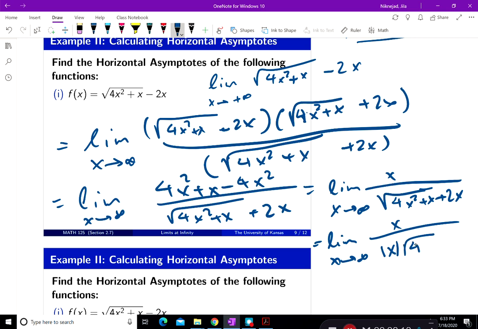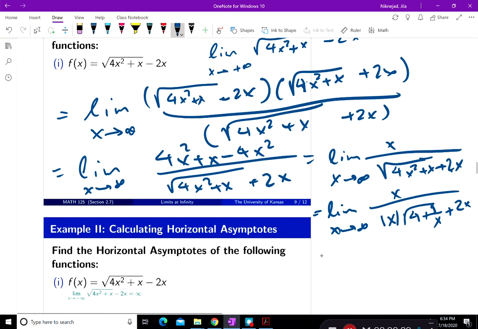And you get 4, I'm skipping one step, and 1 over x. And this one becomes, again, 2x. So I skipped one step, I just factored and brought out. But over here, do you see that here is absolute value of x, and that one is 2x. But in this specific case, because x goes to positive infinity, that is going to be just x.